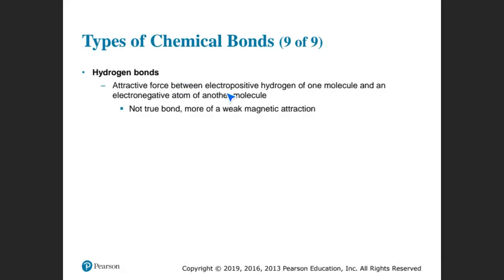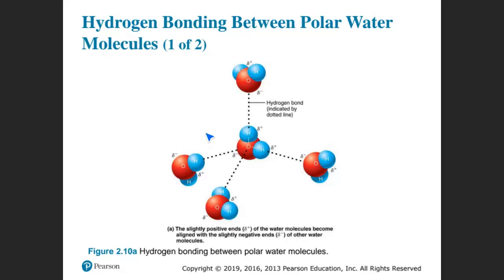And last but not least, hydrogen bonds. This is sort of like a covalent bond. It really is like a type of covalent bond because it is sharing of electrons, and it happens between a hydrogen and another atom, and it is a very weak bond. And so a lot of times it's represented with dashed lines like in this image.